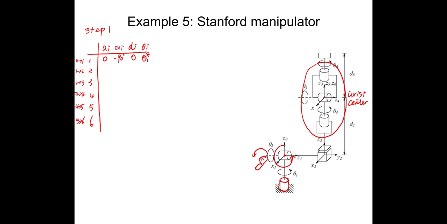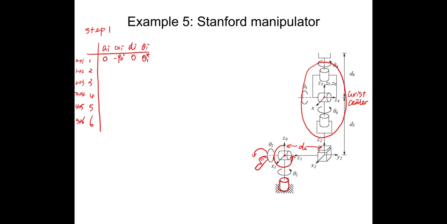The second transformation is from frame 1 to frame 2. On the diagram, it doesn't draw the geometry of the manipulator, but this is a prismatic joint and this is a revolute joint, so it's impossible that they have the same spot. So on the real robotic manipulator, there must be a link between this servo and this prismatic joint.